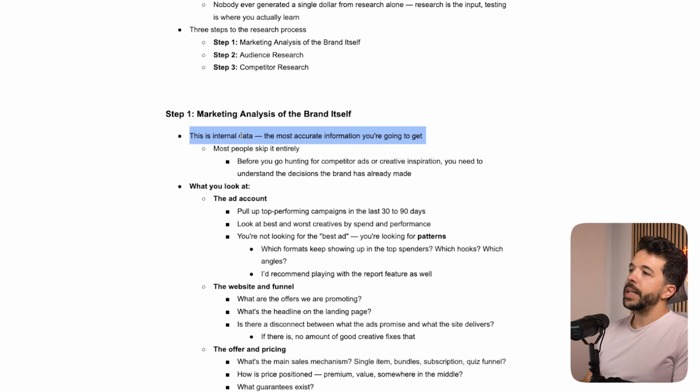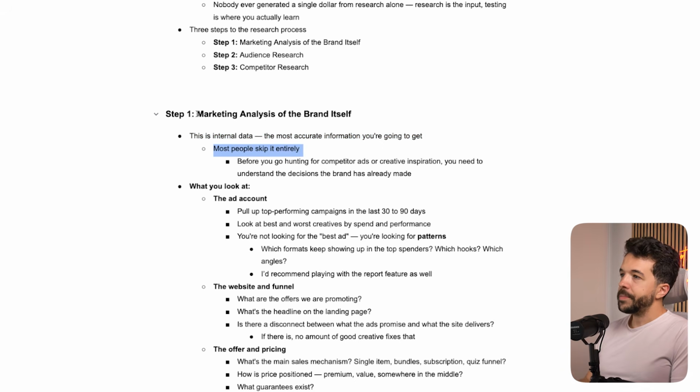In this case, internal data, if you're looking at your own ad account, your own website, your own funnel, your own offer, your own pricing, your own customer feedback, you know for a fact that that data is accurate. This doesn't happen when you're doing competitor research. This doesn't happen when you're doing audience research, for example. So keep in mind that the higher the level of accuracy, the more you can trust the data and the more you can trust that research.